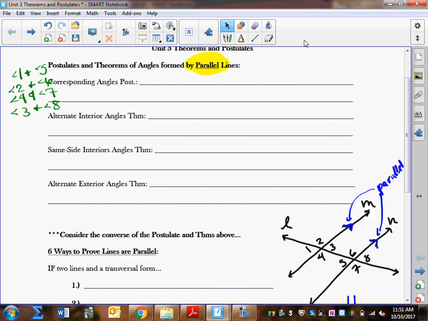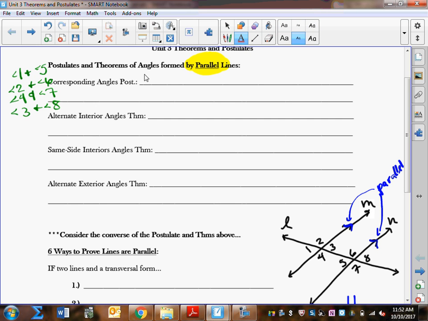Because these postulates and theorems only hold true when the lines are parallel. If the lines are not parallel, I cannot use these postulates and theorems. So for our first one, corresponding angles postulate, we've identified our corresponding angles. Let's talk about what that says.